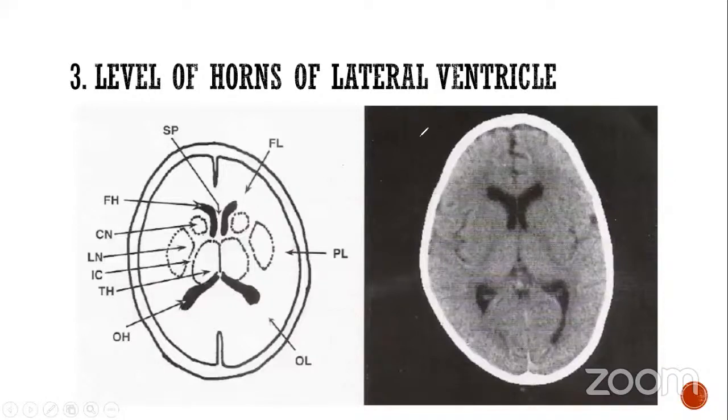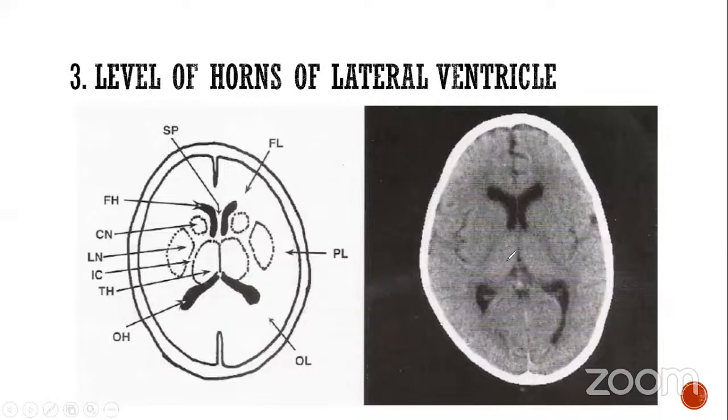Important radiological findings: that is the lateral ventricle, and those are the horns of the lateral ventricle. These two are the frontal horns, and this is the occipital horn behind, and in between, the dividing marker is the septum pellucidum. The frontal horns appear as dark bands anteriorly, separated by the septum pellucidum.